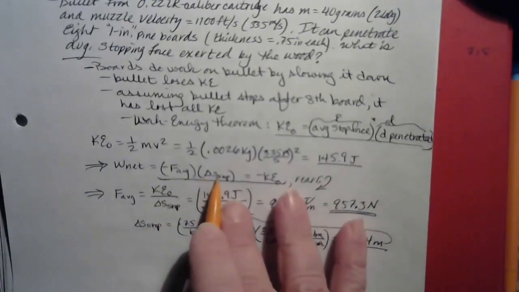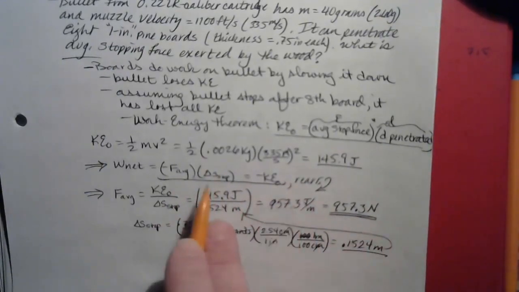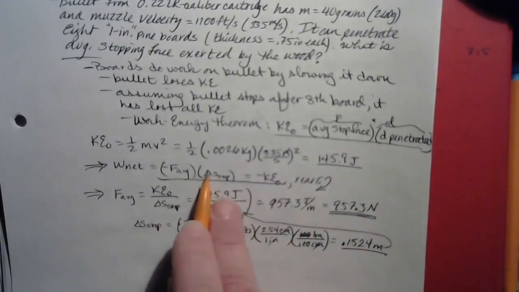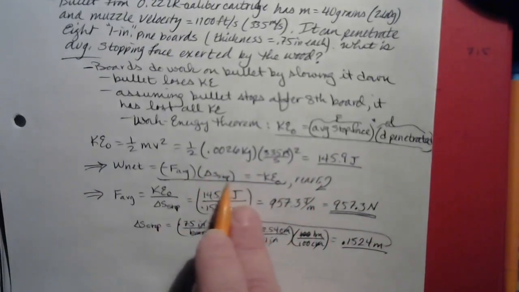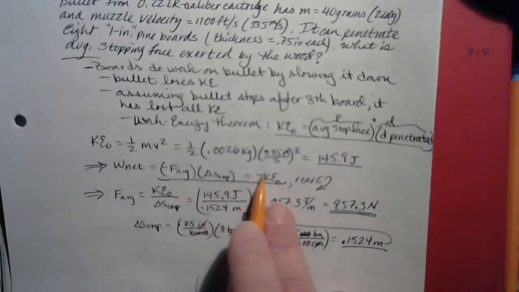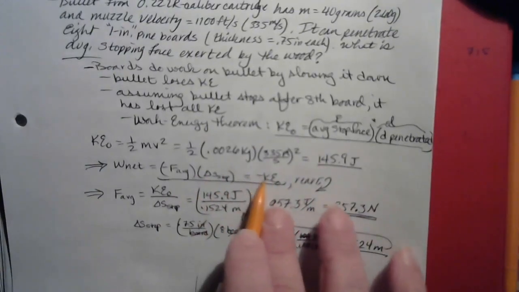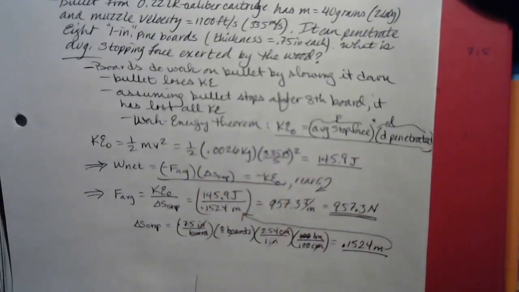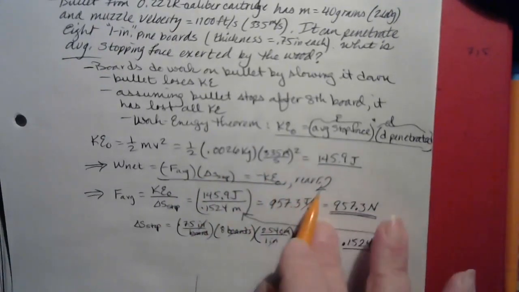And distance is being represented as delta S stop, the change in displacement while stopping, in other words. And that is equal to negative KE original, because the bullet is losing its kinetic energy.